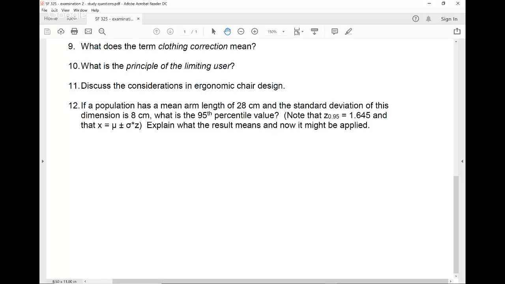So we use this equation: our mean plus or minus standard deviation multiplied by this z-score. I will provide the z-score. You don't need to look it up in a table or anything. In this case, for this question, it's 1.645. So we look at 28 plus or minus 8 times 1.645.